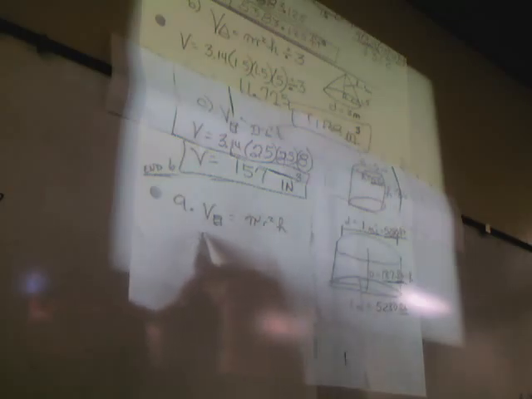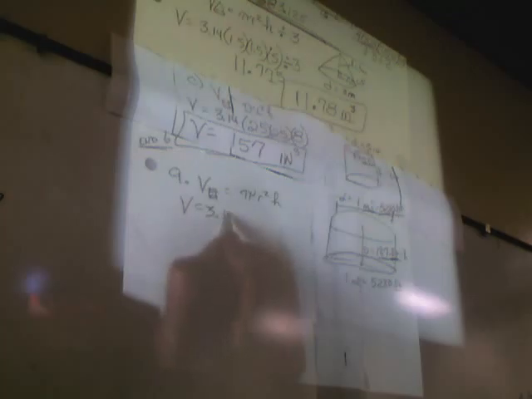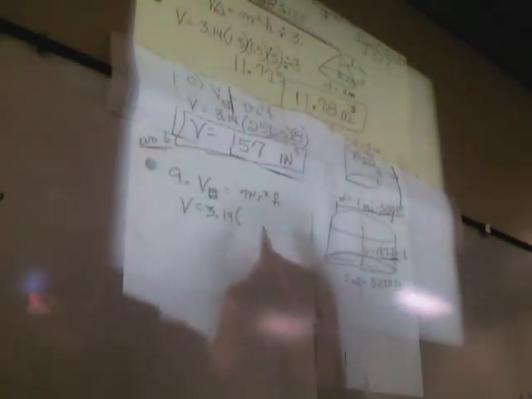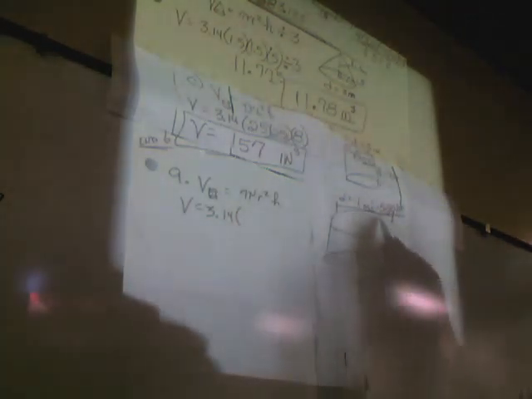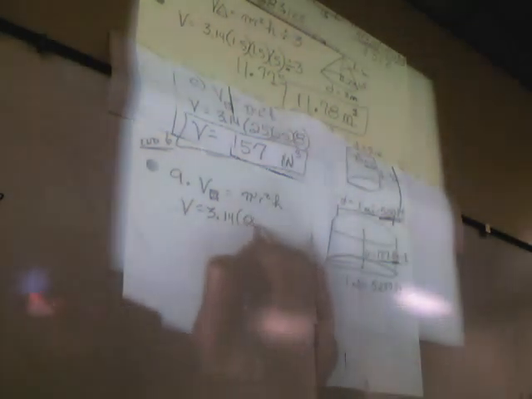So the volume is 3.14 times the radius times the radius times the height. What's the radius? It's half of this: 2640 times 2640 again.